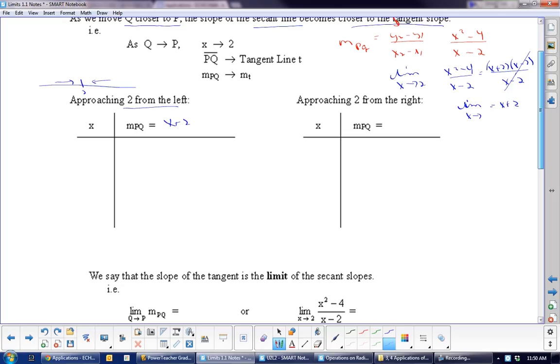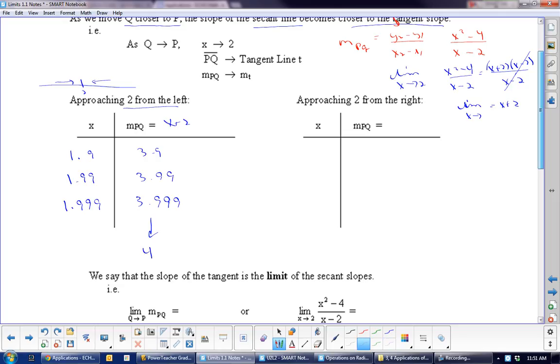So if we started at 1.9 and you put that in there, you get 3.9. If you put 1.99, you get 3.99. If you put 1.999, you get 3.999. Do you see this is approaching 4?